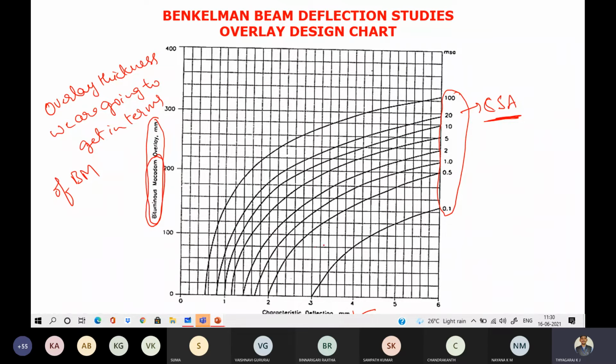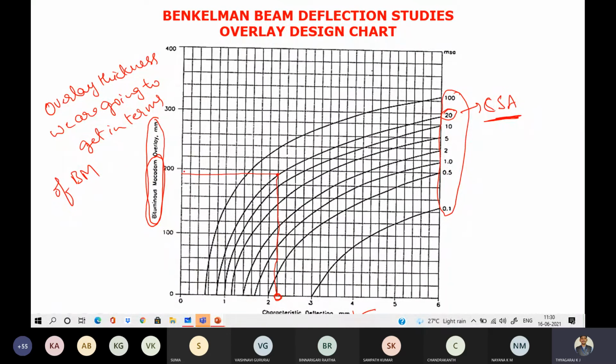Now tell me, what is our deflection value and what is our traffic value? Deflection value is 2.2. So 2.2, 4, 6, 8, 10. This is our deflection value. What is the traffic value we have got? 20.1 MSA. So this curve we have to consider. Draw a straight line here, which will cut the curve at this point, and project it outwards.